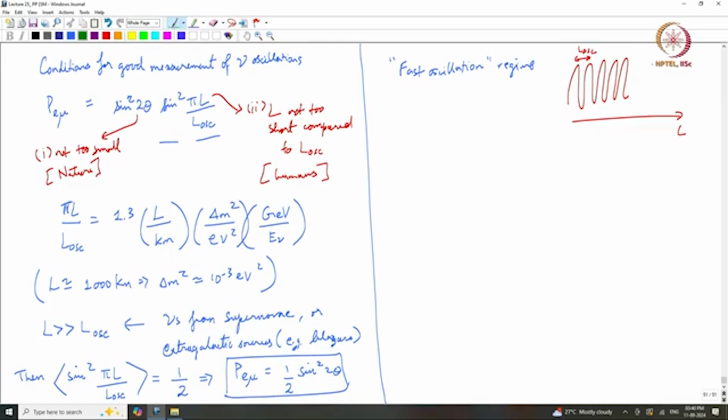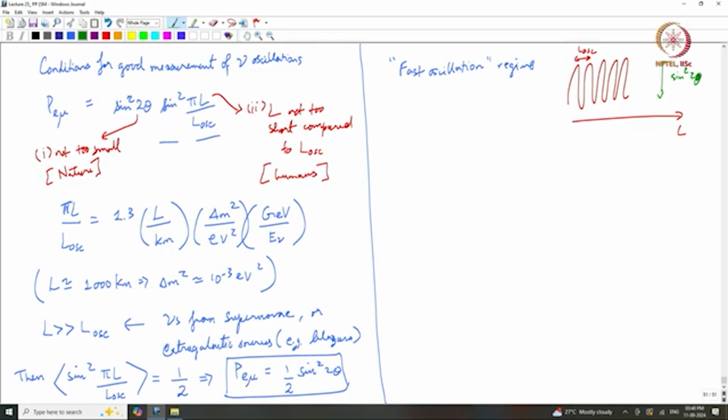So the amplitude is given by sine square 2 theta. But of course, that's just the amplitude. The probability is given by half of that. Okay. So this is one other physical regime, but of course it doesn't help us get the delta m or anything like that.